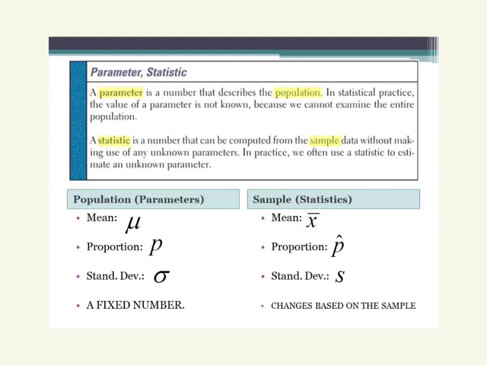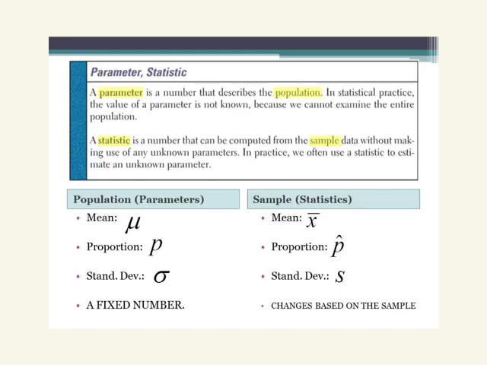Now, in reality, again, we're not going to know those values, because dealing with an entire population is difficult, all right? So as we define parameters, we use the symbols on the left side of the slide here. We know that mu is our symbol for a population mean, just the letter p is our symbol for a population proportion, and we know lowercase sigma is our symbol for a population standard deviation.